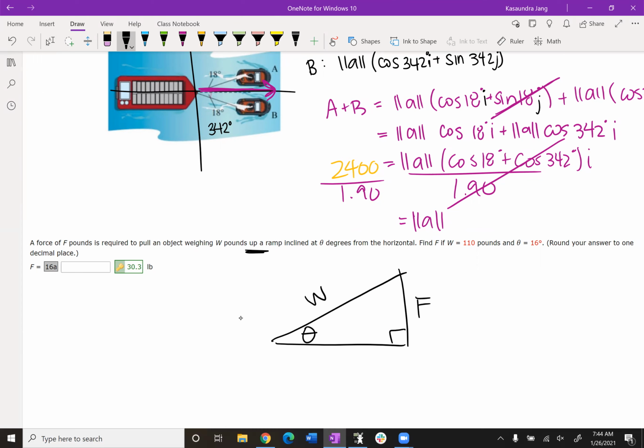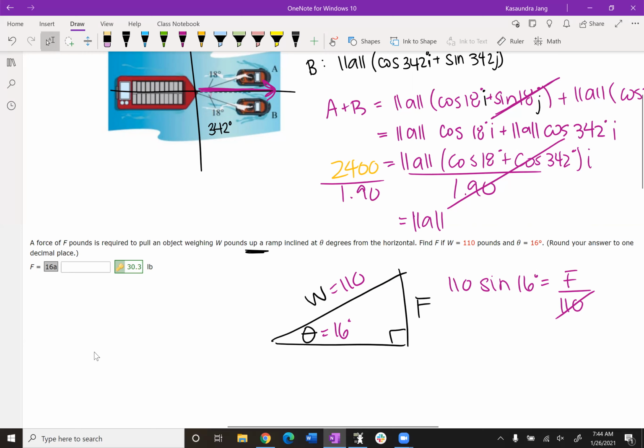All right, so the information they gave me was the 16 degrees for theta and the 110 pounds for W, which, according to theta, I've got the opposite and hypotenuse. So I'm probably going to go with sine of this 16 degrees is the opposite over the hypotenuse. All right, so I'm going to multiply that 110 over to the other side and solve for F.